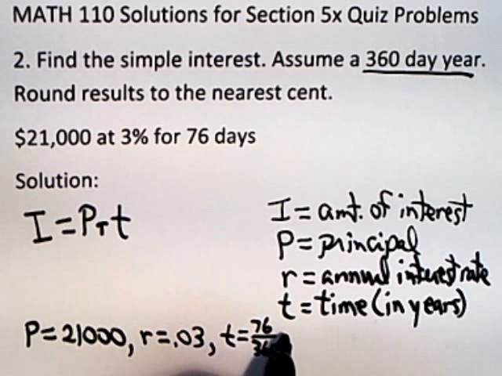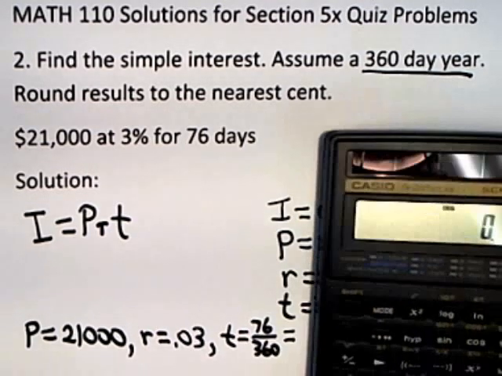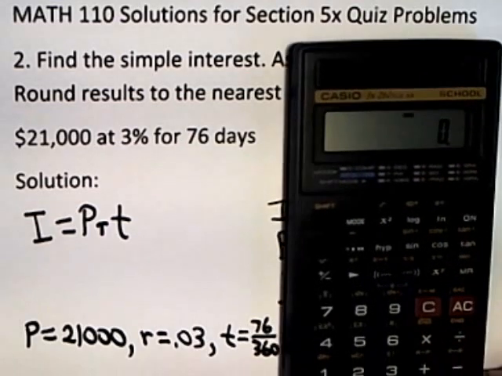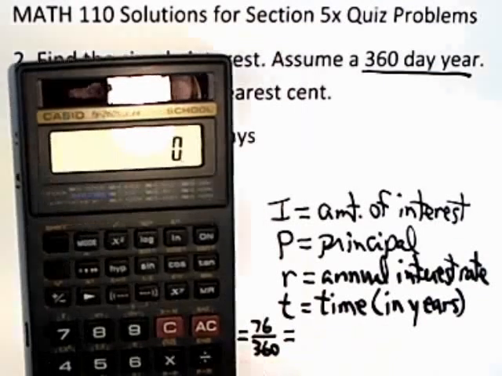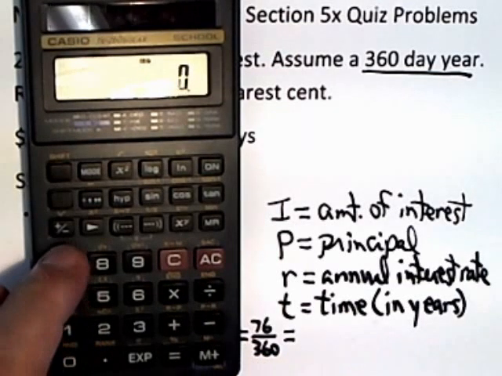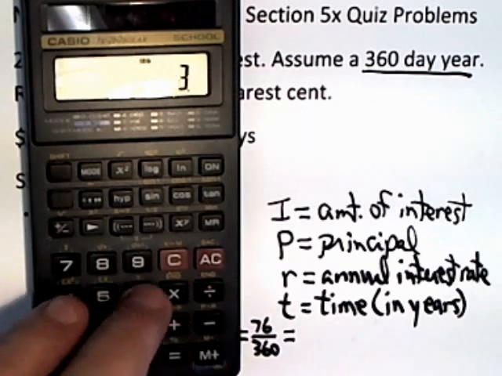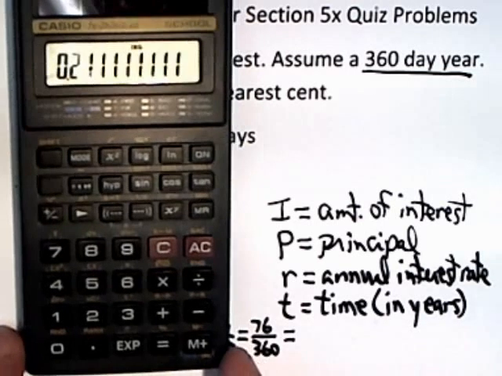And at this point, you might want to go ahead and change that to a decimal. Just remember to carry a lot more decimal places than you think you need if it doesn't come out nice, because you don't want any rounding errors in the end. So if I take 76 and divide it by 360, I get 0.21 with that 1 repeating.